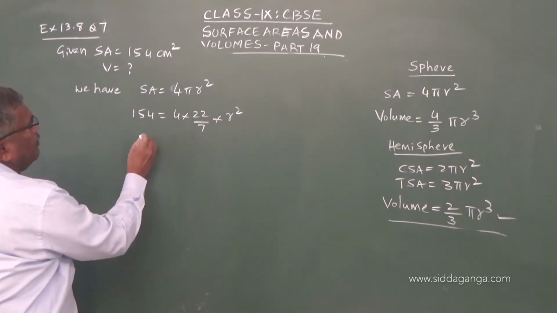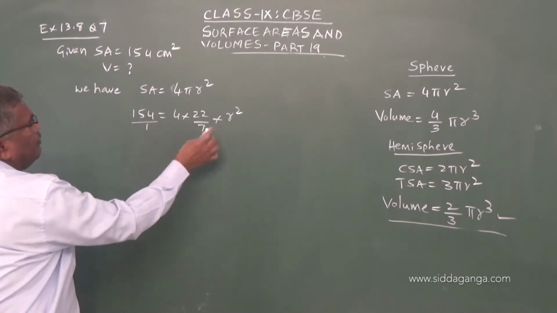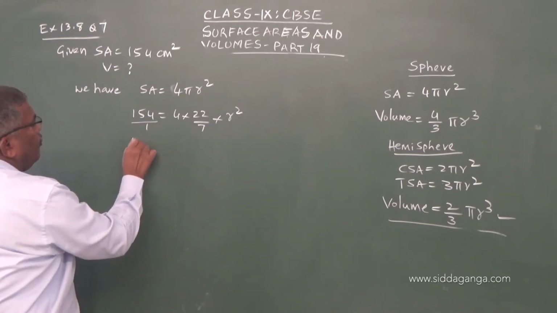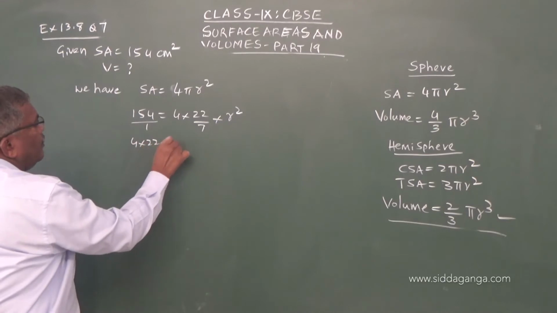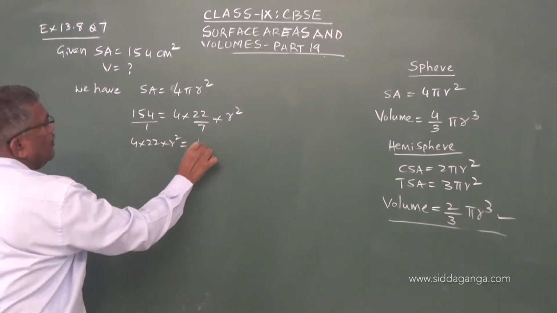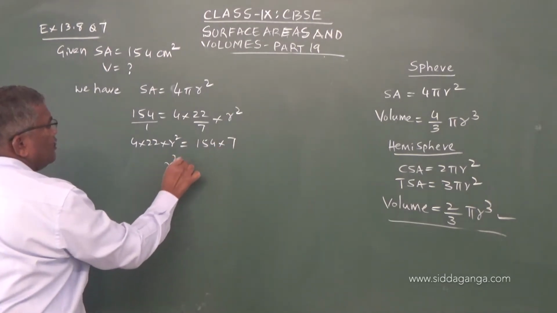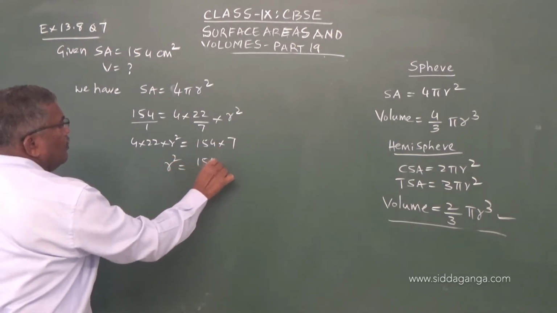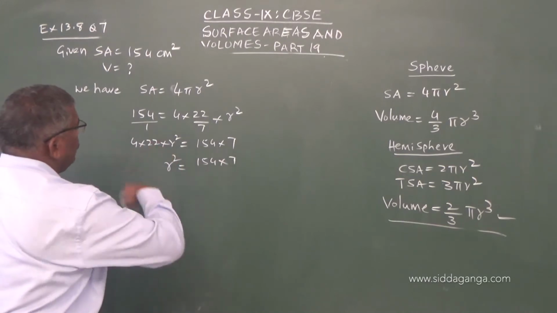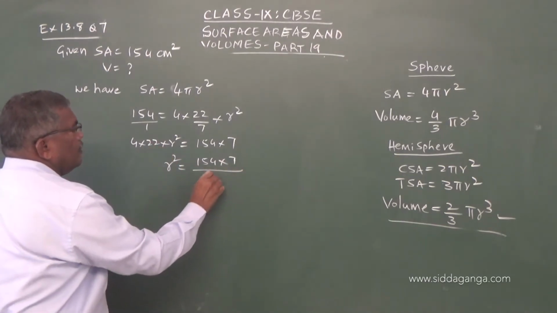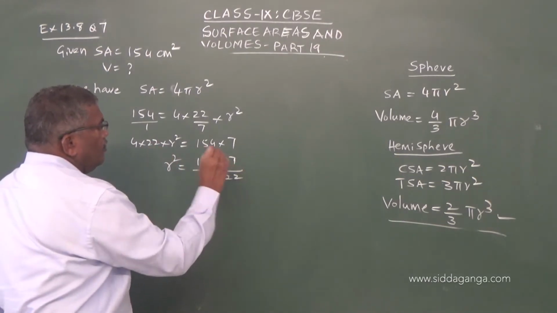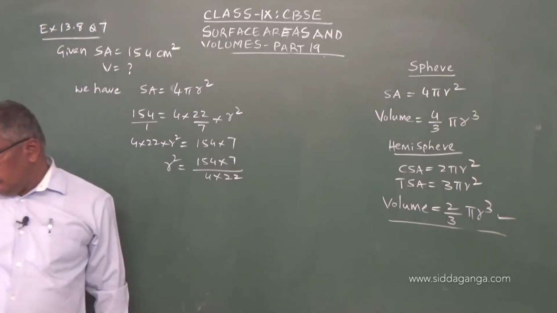Cross multiply: 4 into 22 into r square equals 154 into 7, or r square is equal to 154 into 7 divided by 4 into 22.